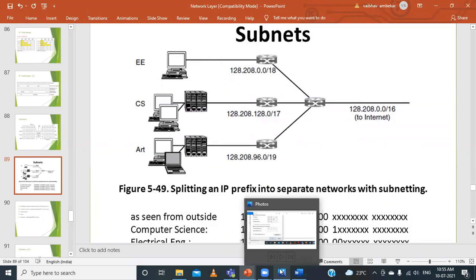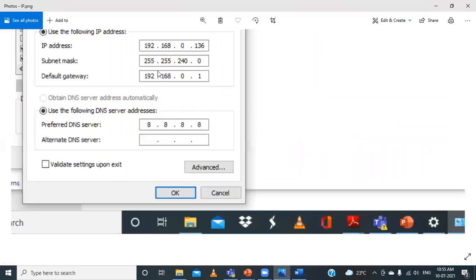If you can observe this, it will be easy for you. So consider that this is my IP address, 192.168.0.136. And here I have something called a subnet mask, 255.255.240.0. Better we can consider it as 255.255.255.0. Most of the time it will be like 255.255.255.0. Default gateway and other things you leave. Just consider it as subnet mask.